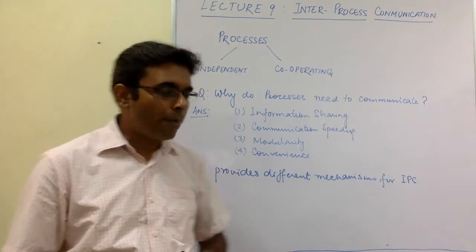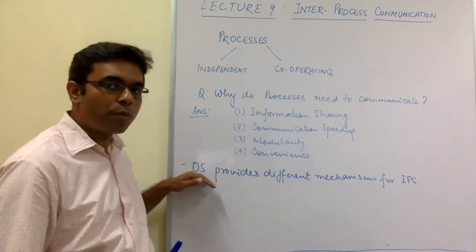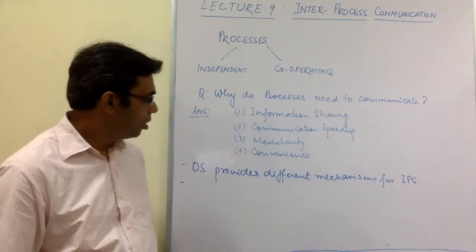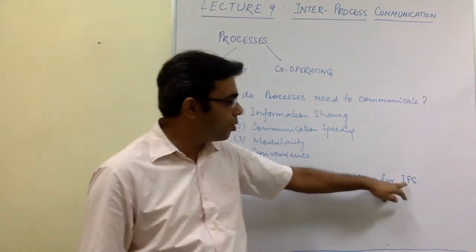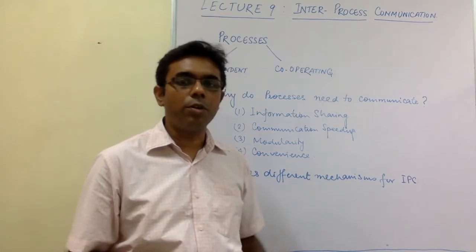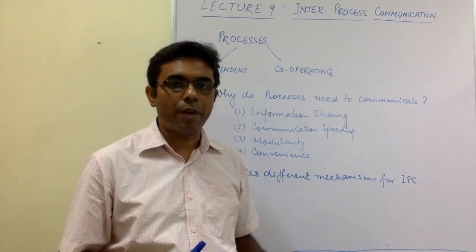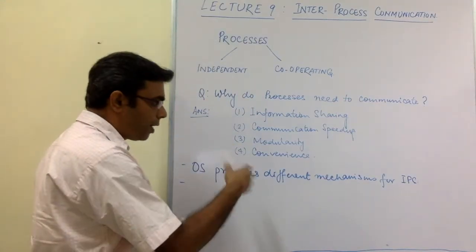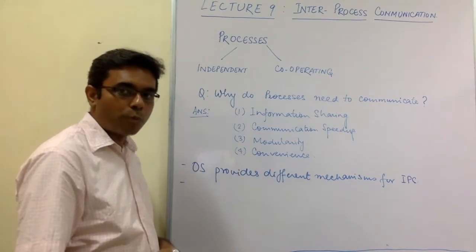An operating system is the one that provides these mechanisms to the processes. So the OS provides different mechanisms for inter-process communication, and in this lecture, we are going to talk about those mechanisms. So let's look at the different mechanisms which the OS provides.